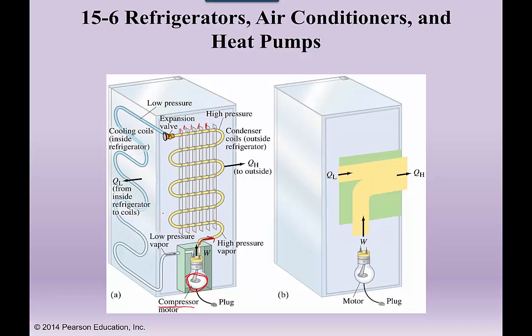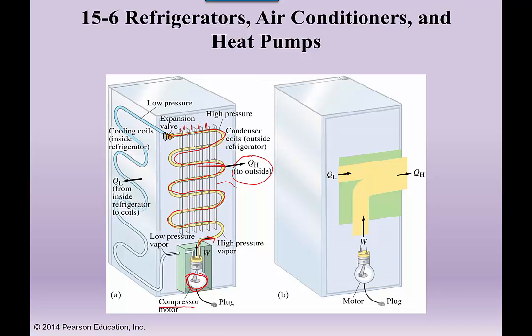The high pressure vapor has a lot of internal energy in it, because it's been compressed so the temperature goes up. So through the transfer of the compressed gas in these coils, it allows the heat to flow out to the outside. So we're losing some hot energy there.